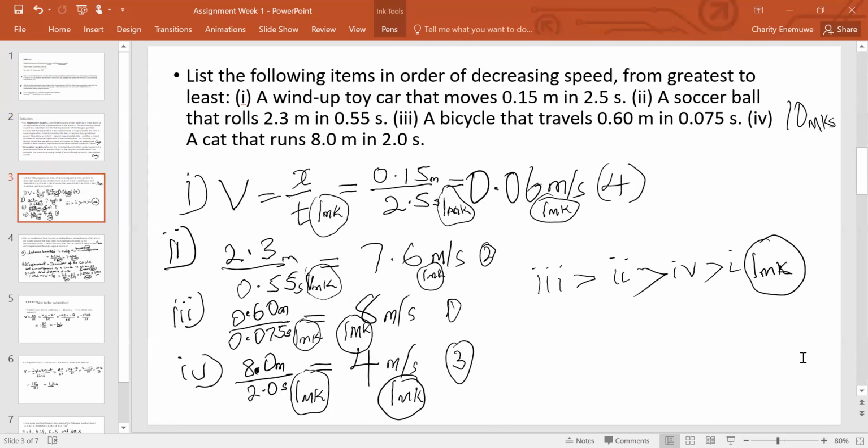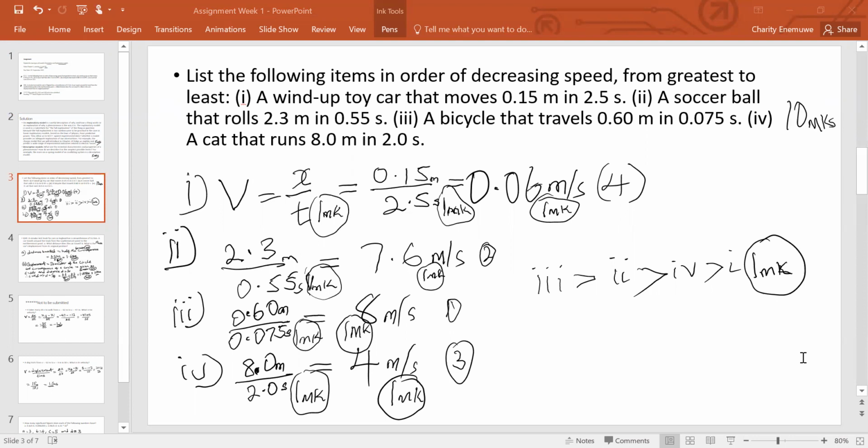For the second question as well, we were asked to list the items in order of decreasing speed, from greatest to least, and we're provided with certain parameters. Number 1, a wind-up toy car moves 0.15 meters in 2.5 seconds.